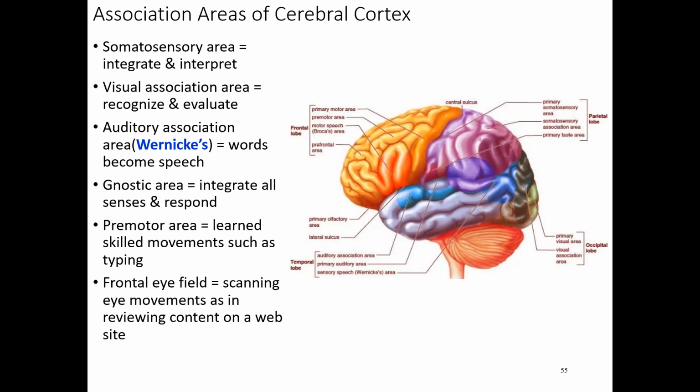So the premotor area does function as an association area for us by taking the original signal and processing it to give us a, we want to do this, this is how we do it.